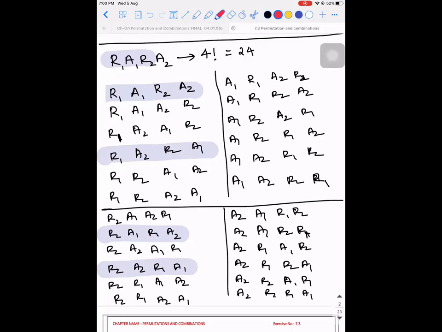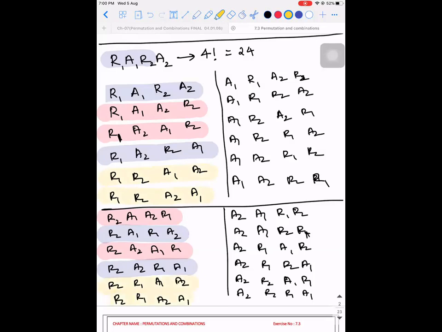Similarly, I'm using red color. R1, A1, A2, R2. R1, A2, A1, R2 is same as R2, A1, A2, R1 and R2, A2, A1, R1. That's it. Similarly, I'm using another color. R1, R2, A1, A2 is same as R1, R2, A2, A1, is same as this thing and this thing.